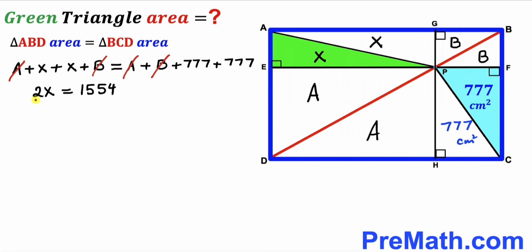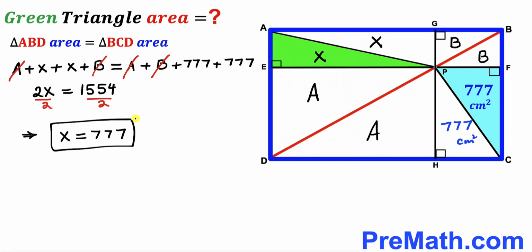Now I am going to divide both sides by 2 to isolate X. So our X value simply turns out to be 777.